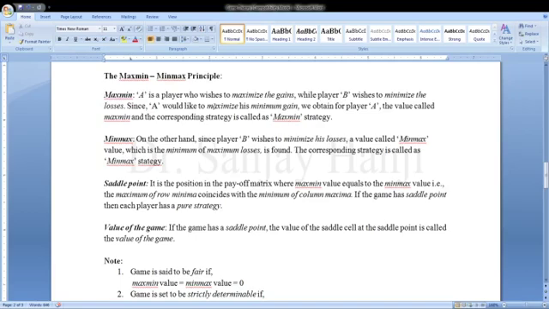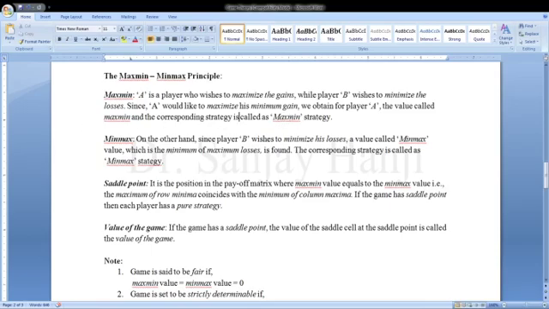Since A would like to maximize his minimum gain, in the sense like whatever minimum gain he is getting, he would like to maximize that. We obtain for player A, that is called as max-min principle. Means he wants to maximize his minimum gain. And the corresponding strategy is called max-min strategy. He wants to maximize his minimum gain.